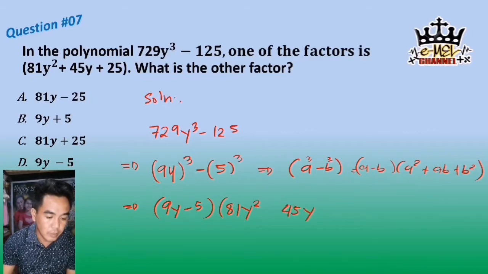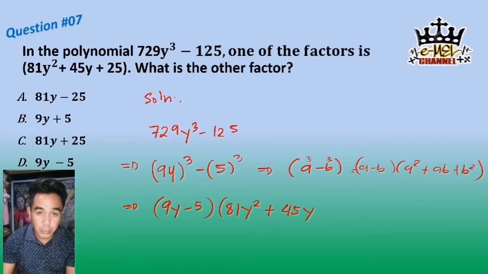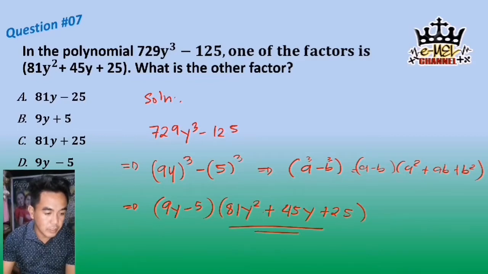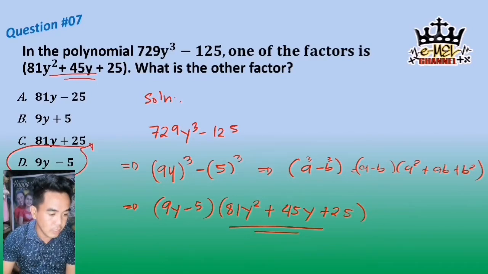Since the first factor is negative, all of the other operations on the second factor should be positive. And 5 times 5 is 25. So one factor should be 9y minus 5. So the answer is letter D.